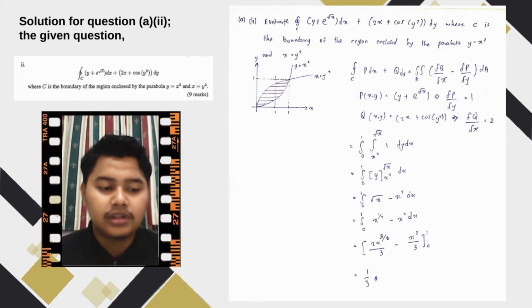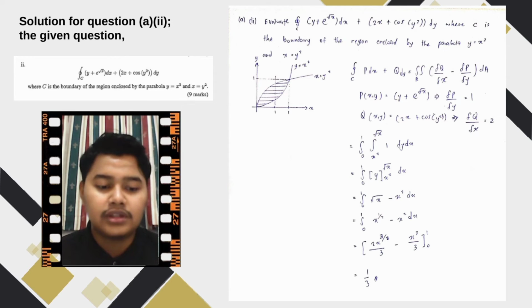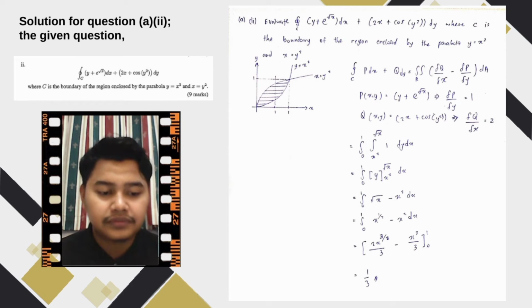Using Green's theorem, we get the equation for P, which is y plus e to the cube root of x. We differentiate with respect to y, so we get 1. For Q, 2x plus cos y squared, we differentiate with respect to x, so we get 2.